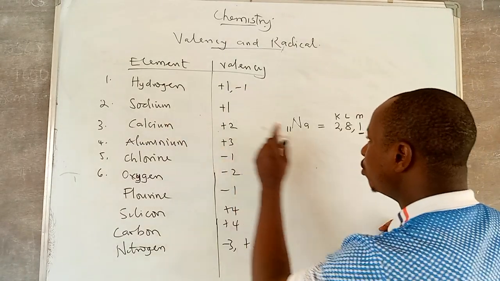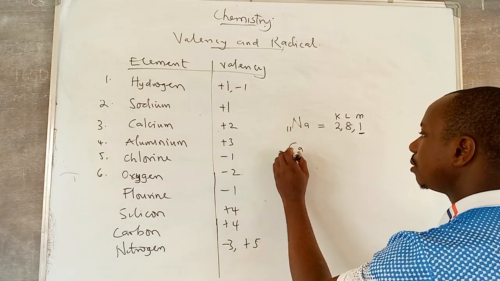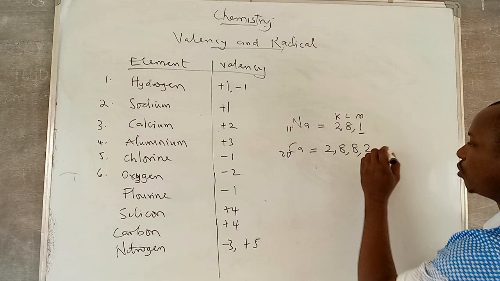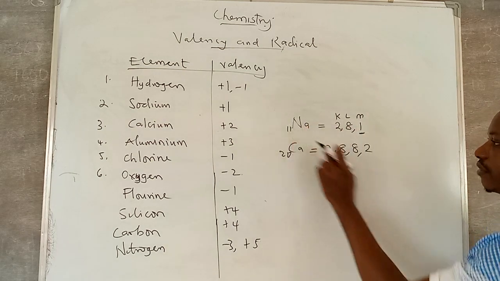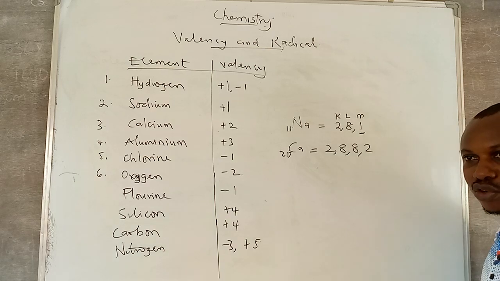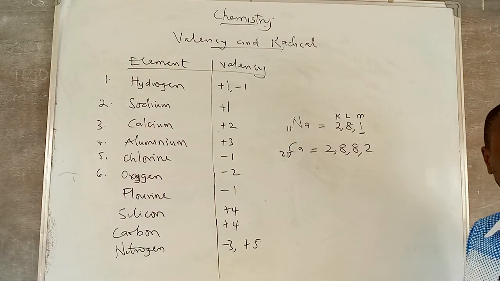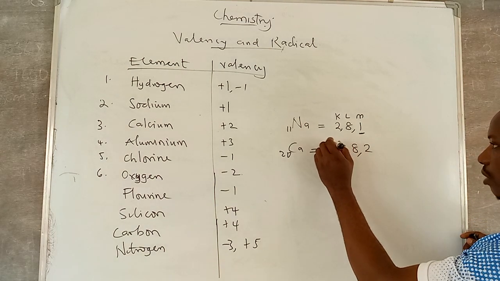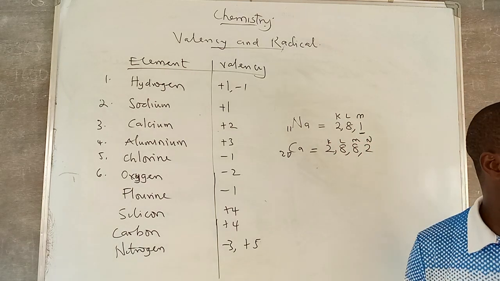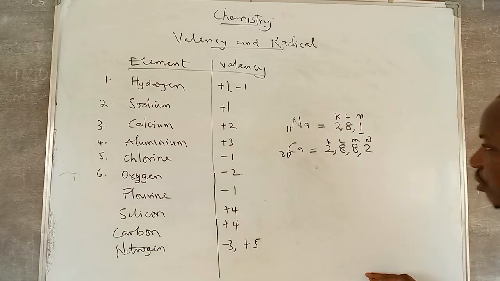So calcium is 20. If you watch it now, 2, 8, 8, 2. If you add all these, it will give you 20. That is electronic configuration using the K, L, M, N main shells. This is the K shell, this is L, M, and N. If you don't understand, maybe we do a separate video on electronic configuration.